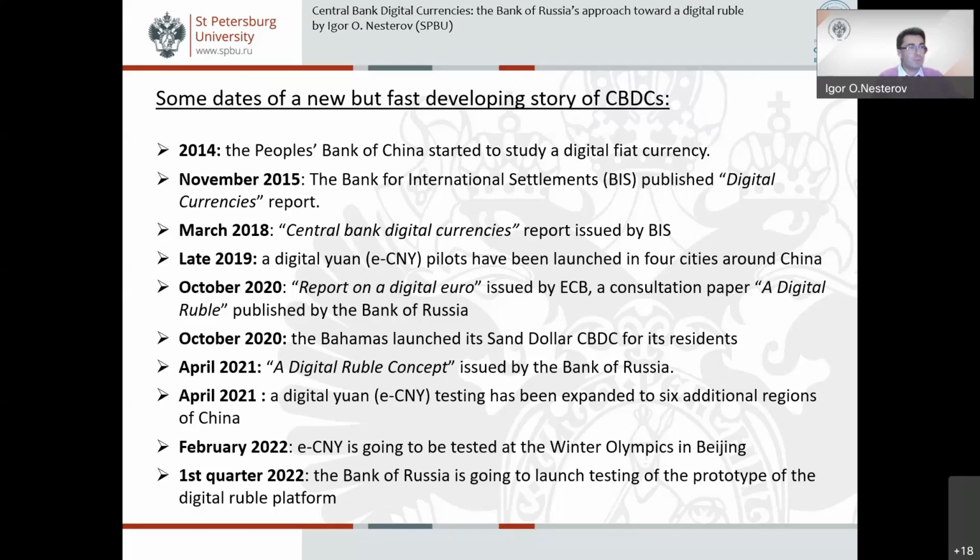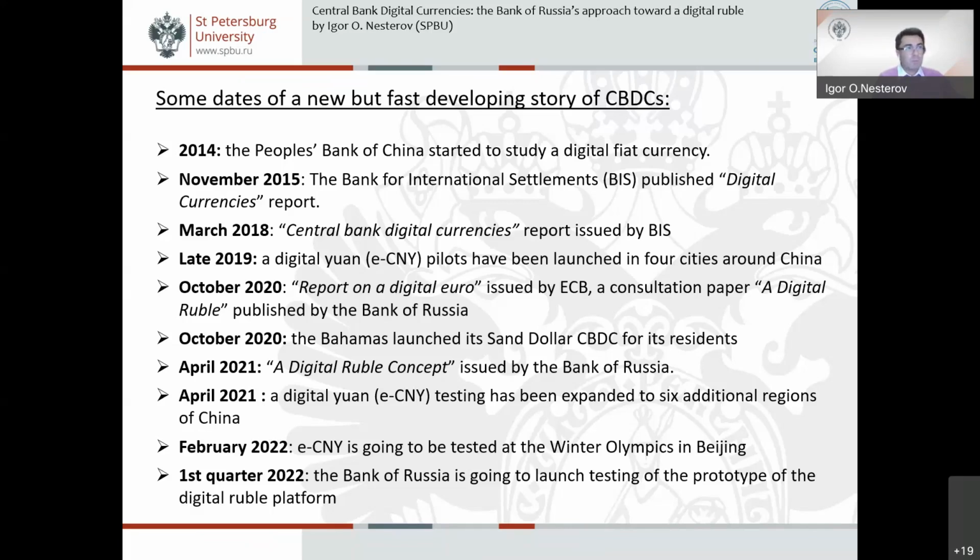Two years later, in March 2018, less than 4 years ago, the same Committee on Payments and Market Infrastructures, in collaboration with another department of the Bank for International Settlements, published the joint report named Central Bank Digital Currencies. This report introduced the wide and general use of the term central bank digital currencies and provided an initial analysis on them.